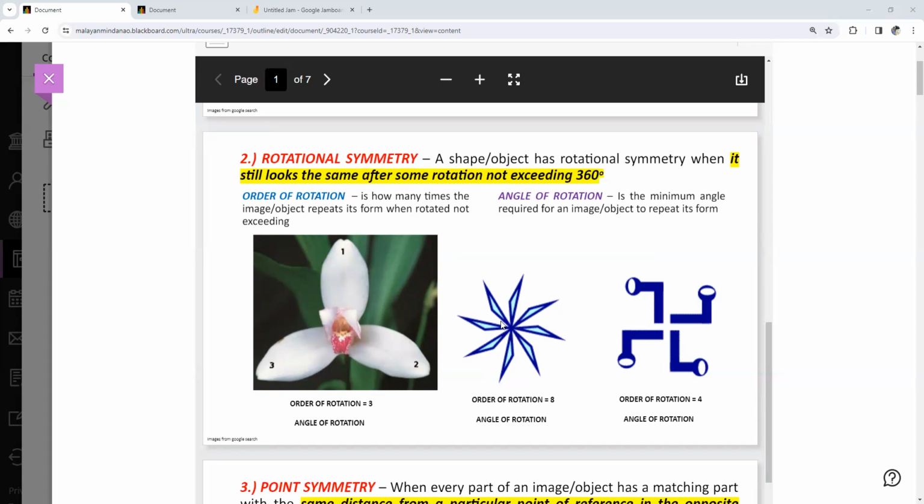So since 120 degrees is the minimum angle you need to rotate that object to achieve the same look, it has an order of rotation of 3, which means you can rotate it 3 times before going back to 360, and each time it still looks the same. And the way to get 3 is to simply divide 360 by 120, which is the minimum angle of rotation.